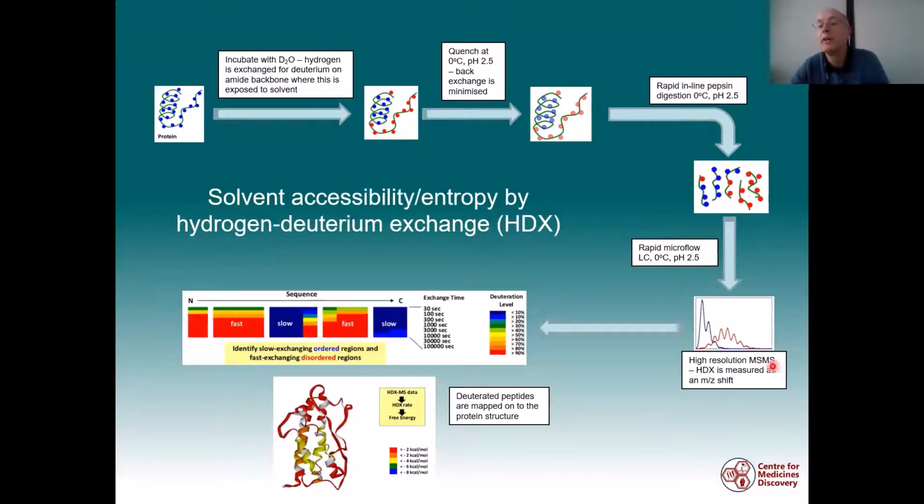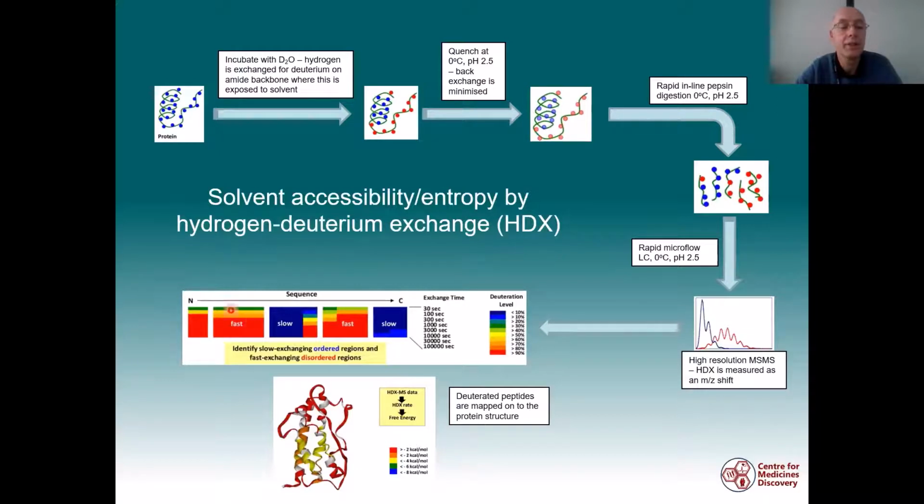We need to generate high resolution MSMS data, and the hydrogen-deuterium exchange is measured as a result of a mass shift. So we will end up with a range of peptides, some of which will be deuterated and some of them which will not be. And the deuterated peptides, we can map those onto the sequence, and this has been done here in red.